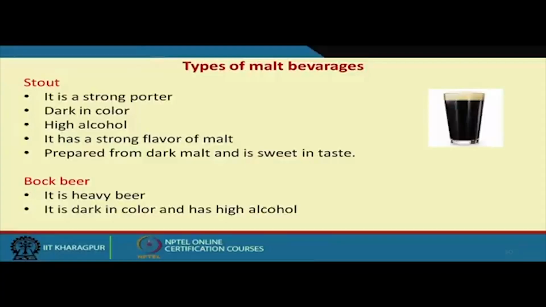Then you do the germination in wet and aerobic conditions. Then in the mashing process, you solubilize the insoluble material, and in hopping, you boil with the hops to get the desirable ingredients from the hops, giving the desirable taste and flavor to the beer.